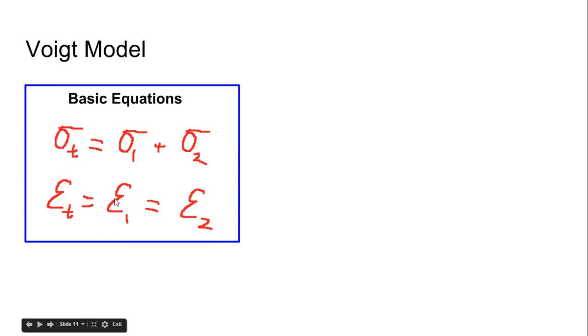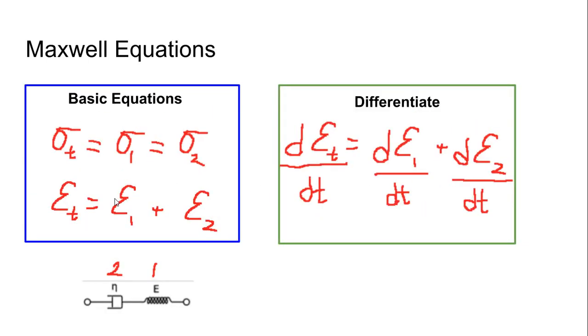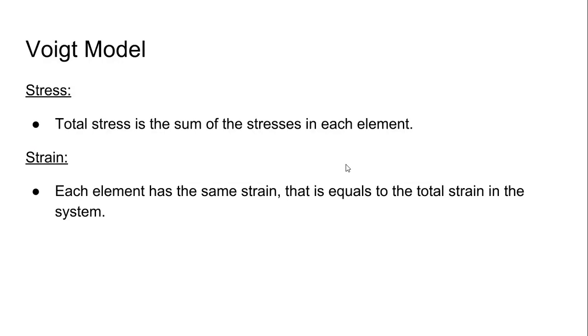So I have a challenge for you guys. You have to come up with the equation for the Voigt model. The only thing is you don't need to do the differentiation here. Notice when we were here, we took these basic equations and we did differentiation. Well, in the case of the Voigt model, you don't really need to do that.